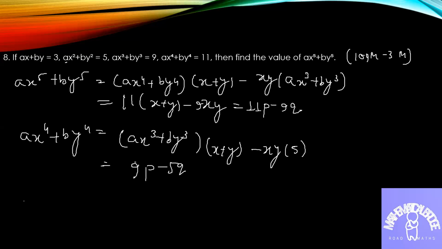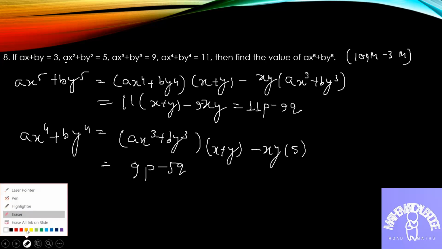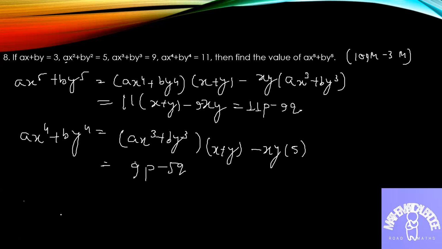This calculation is getting a bit distressing. Still no problem. So first of all, you get ax4 plus by4, that is equal to 11, so 9p minus 5q is equal to 11. Okay, very good.